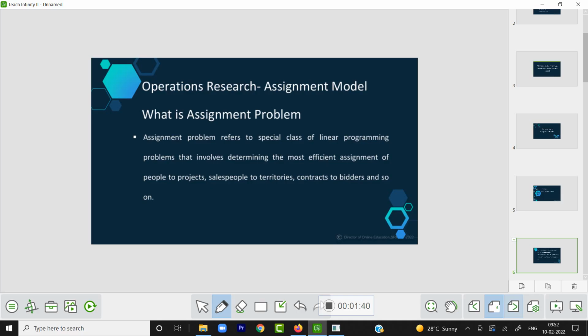To minimize all those things, we use a method called assignment. It is a special type of linear programming problem. It involves assigning the most efficient people to projects, salespeople to territories, bidders to contracts. Like that you can assign to anybody.